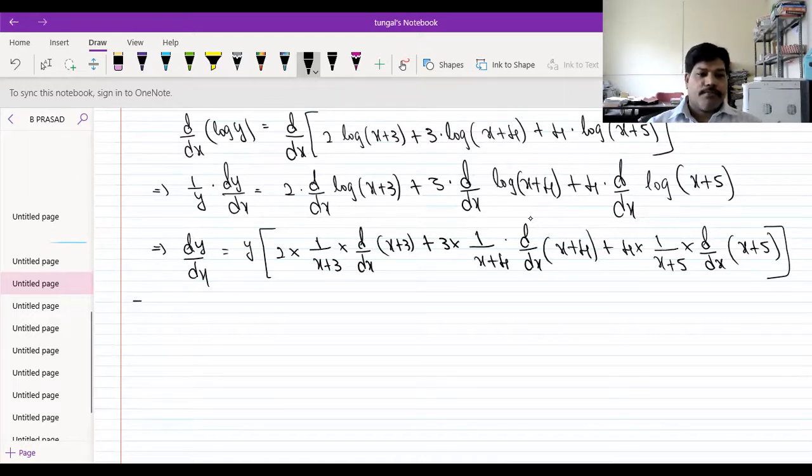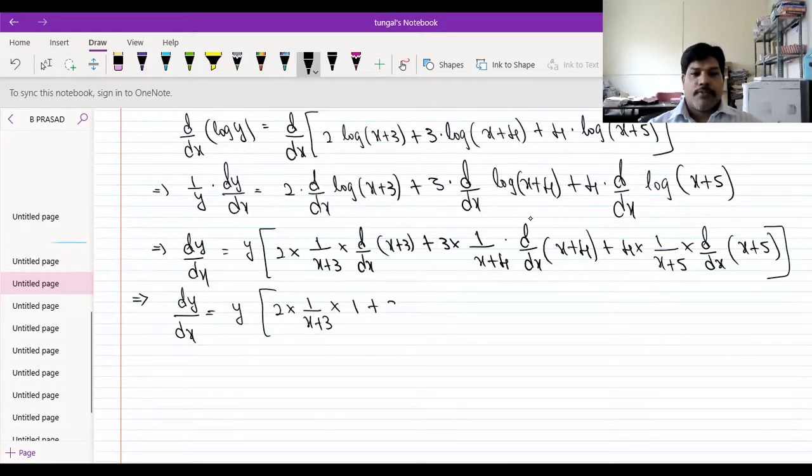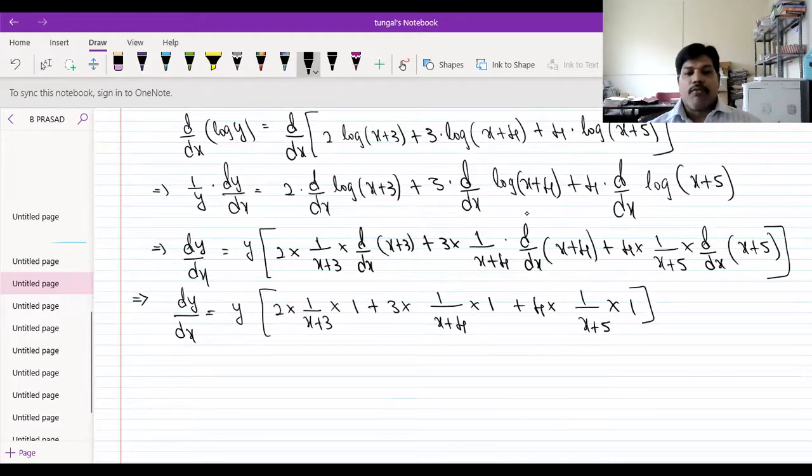So that implies dy by dx is equal to y into 2 into 1 by x plus 3 into 1, plus 3 into 1 by x plus 4 into derivative of x plus 4 is 1, plus 4 into 1 by x plus 5 into derivative of x plus 5 is 1.